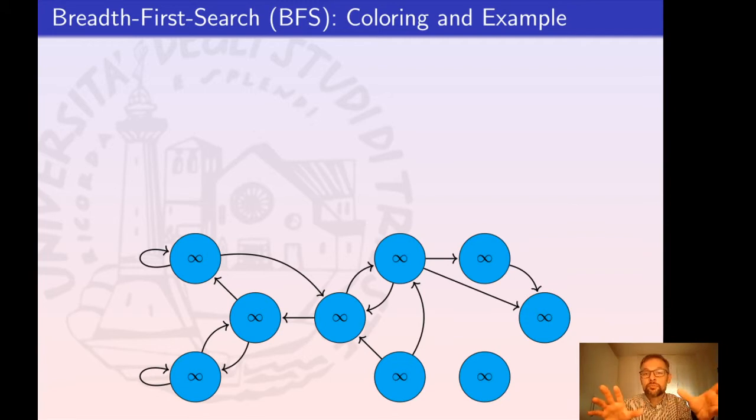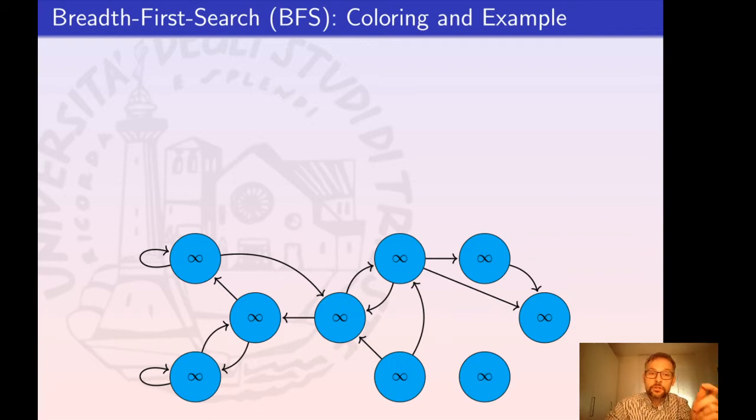So at the beginning, none of the nodes are established as reachable from the source of the BFS, and during the computation the situation will change, and at each step of our algorithm we will fix this distance.